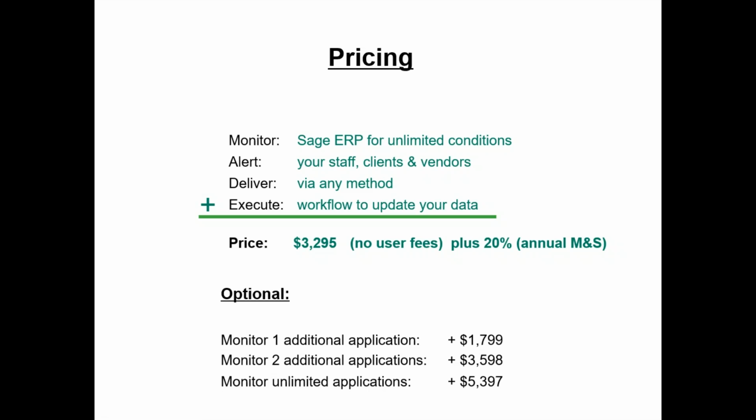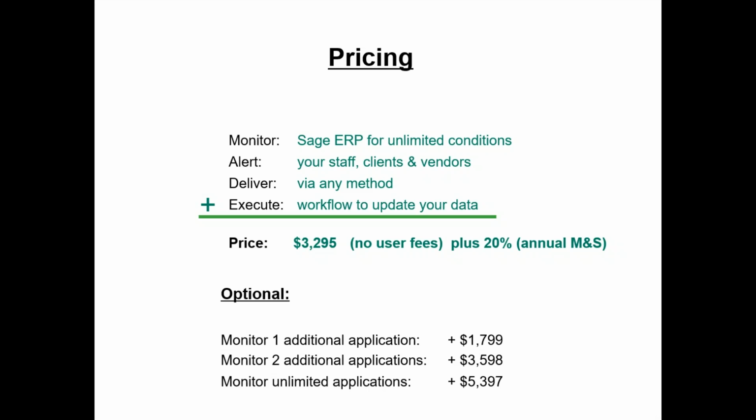With this license, you get the ability to send an unlimited number of alerts to your staff, to your clients, your vendors, and suppliers. Those alerts can be delivered via all of the methods I mentioned: email, instant message, web dashboard, text message, etc. These alerts can include Crystal Reports, forms, documents, charts, and graphs.